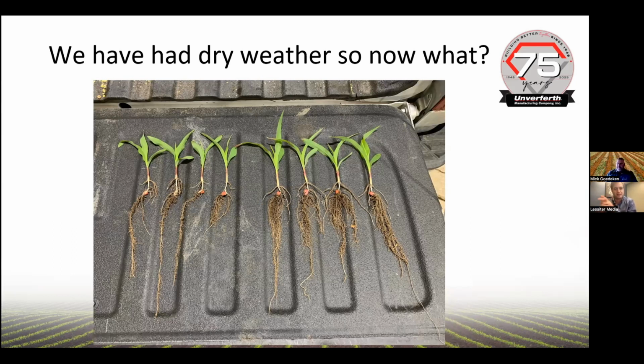So when we think about strip till in wet conditions, it can also be advantageous, because if we break that compaction layer in that top 12 inches, we're going to allow water infiltration. If we have a compaction layer there at 4 to 6 inches that runs to 8 inches, that water is going to hit that compaction layer and want to run off of that field.